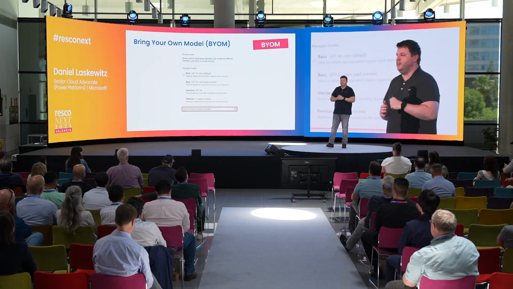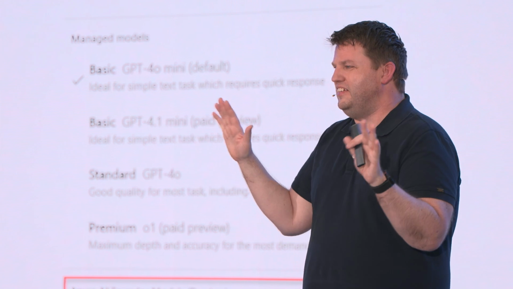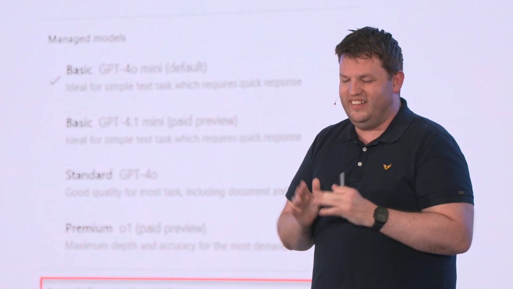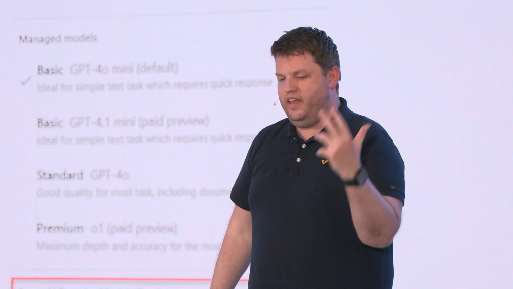But we added something new. And the new thing is that we can add Azure AI Foundry models as well. So we can add a custom model to the prompt builder. And that got announced today, or it will be announced today. So this is almost like a scoop for you. So it will be available, and what you can do there is add your own model.